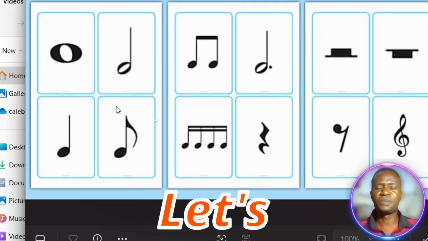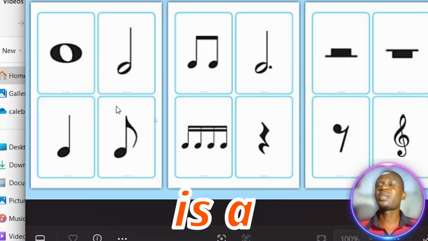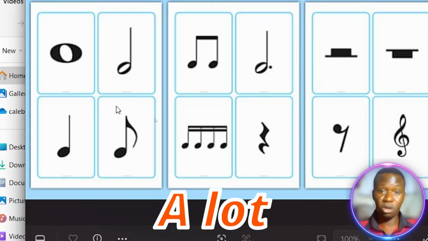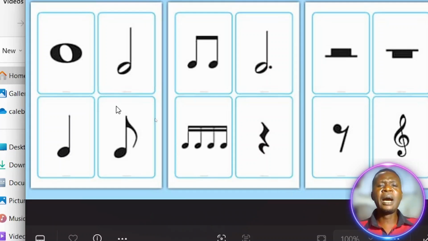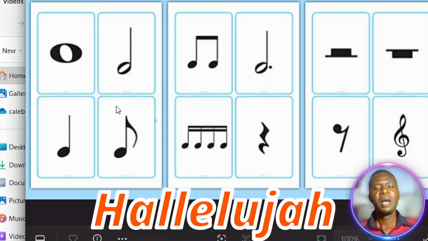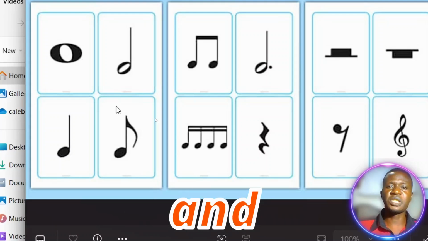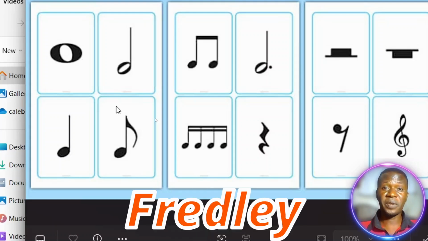You can change anything. Let's take for example a popular song we sing during Christmas carols called Hallelujah Chorus. A lot of you will know it. That song was written and composed by George Frederick Handel.